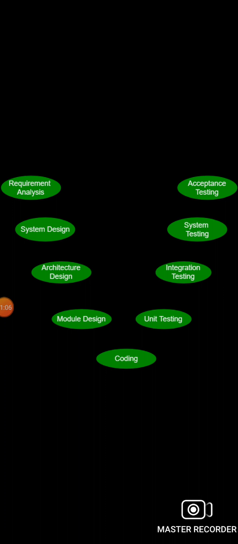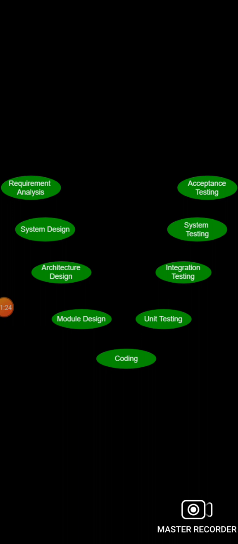This means that for every single phase in the development cycle, there is a directly associated testing phase. This is a highly disciplined model, and the next phase will start only after completion of the previous phase.